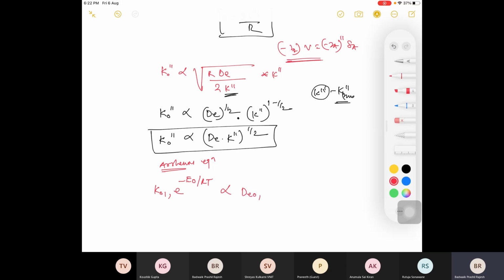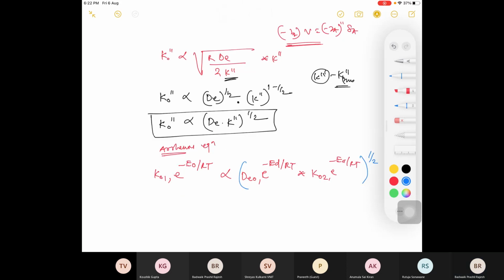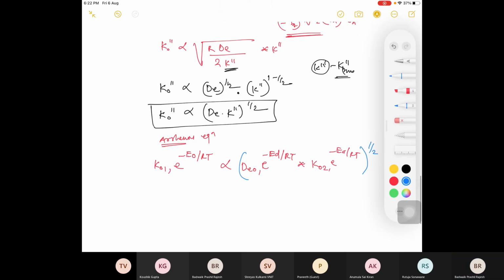So De naught e to the power minus Ed divided by RT, into K naught 2 e to the power minus Ea divided by RT, and this whole will be to the power half, that is square root. Now if you apply the indices rule, you will have e to the power minus Ed divided by, directly I'm writing, I hope you are getting this.